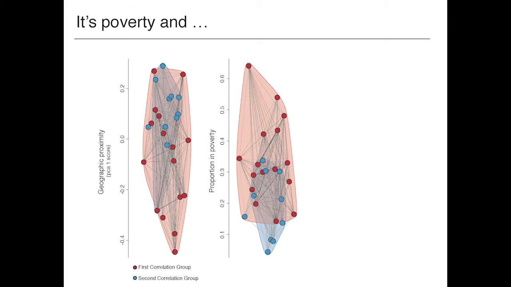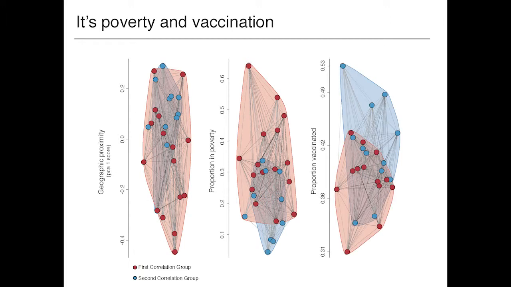What does separate the red and blue points from each other is poverty, so this being fewer people below poverty, this being more people in poverty, and vaccination, so this being higher vaccination coverage, lower vaccination coverage for influenza. And you'll notice that the blues are flipped here. So the richer zip codes have higher vaccination coverage for influenza than do the poorer zip codes.